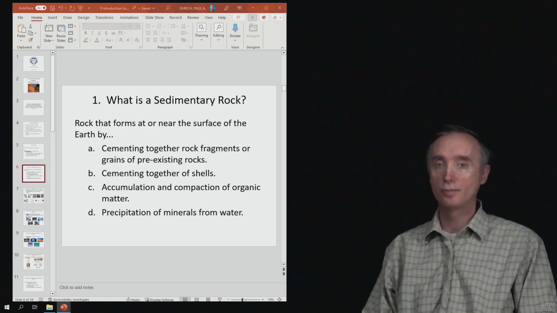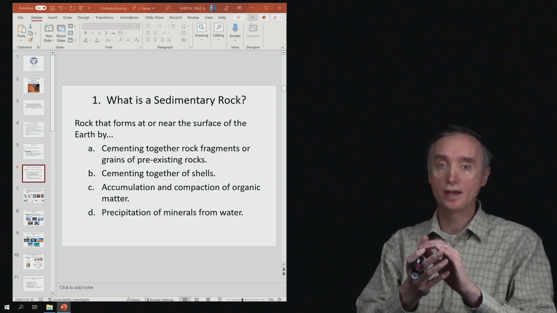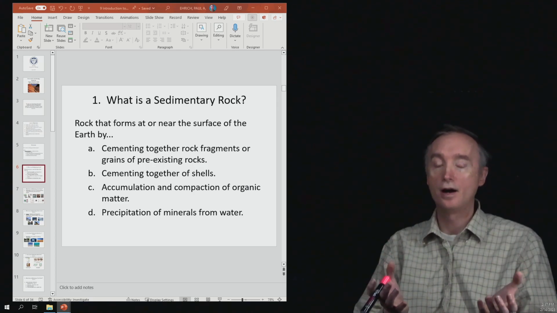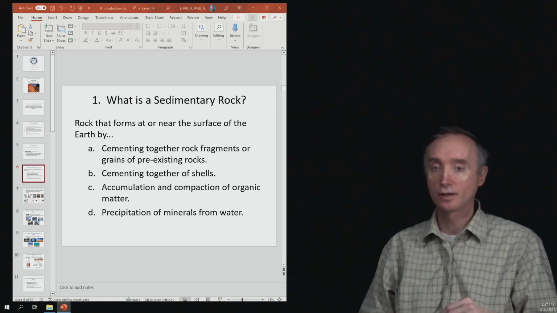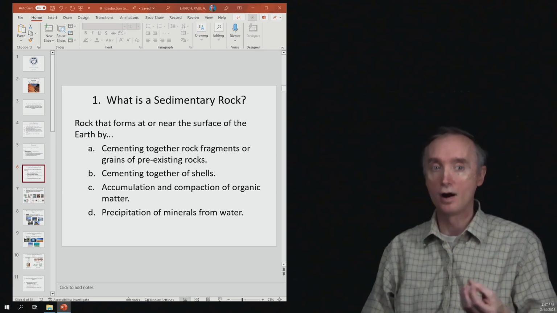We learned in our previous lesson that rocks can be weathered, meaning that the grains can fall apart. They can also be chemically weathered, which means it alters the minerals that are in those rocks, but we end up with smaller pieces of rock.